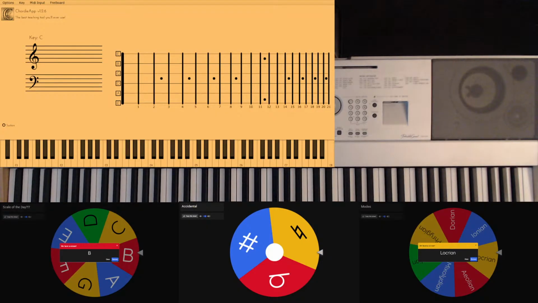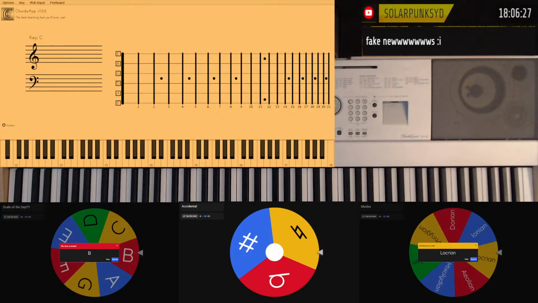Okay, I'll apply a little bit more Locrian, but if we get Locrian one more time, I'll be sleeping with one eye open. Damn.